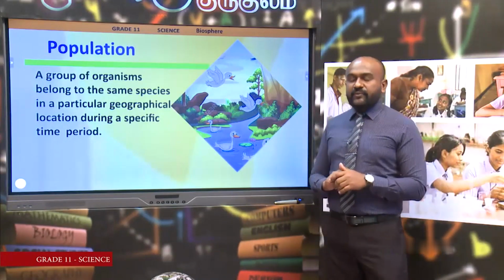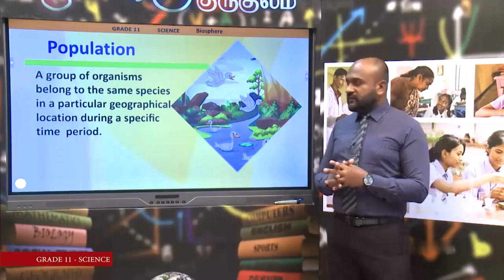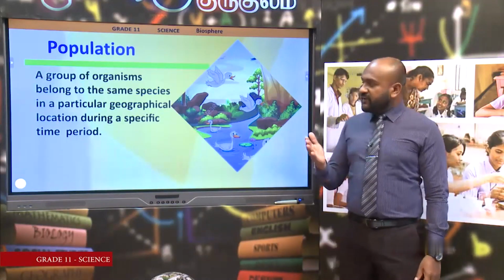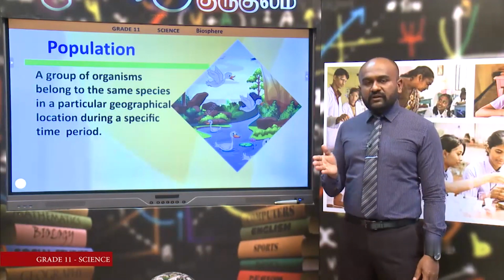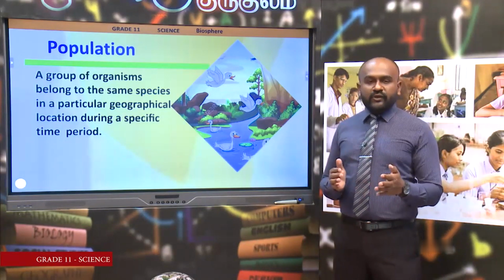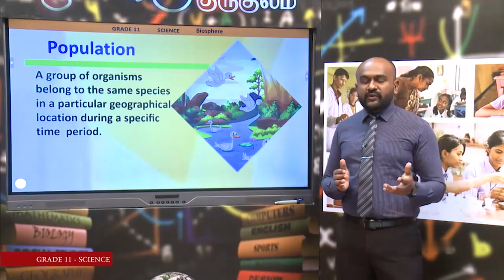What is that? Population. See what it is? A group of organisms belonging to the same species in a particular geographical location during a specific time period. You call that a population. Can you think of an example for a population? So, when you give an example for a population, you have to think of a group of organisms which belong to one particular species, and you need to consider the area where they live, and you need to consider the time duration.